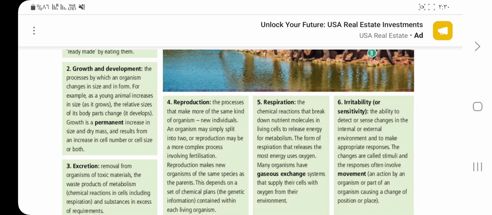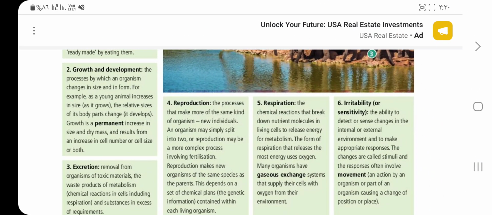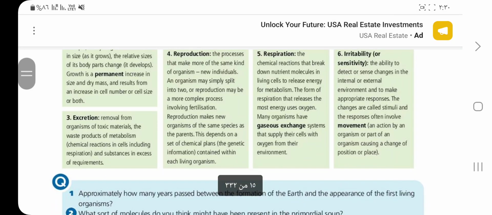And growth is a permanent increase in size and dry mass and results from an increase in cell number or cell size or both.